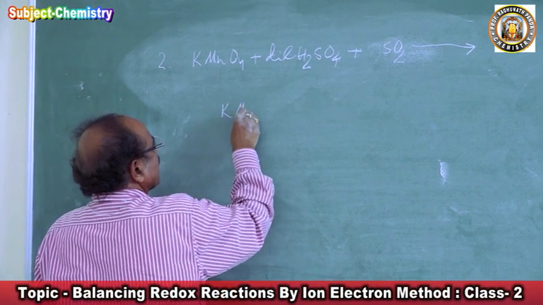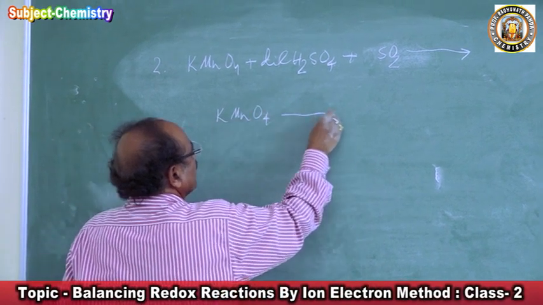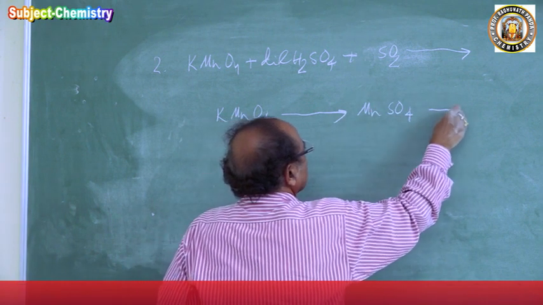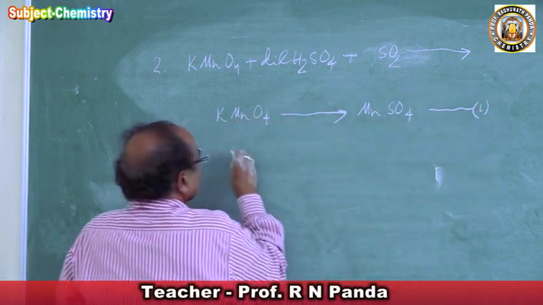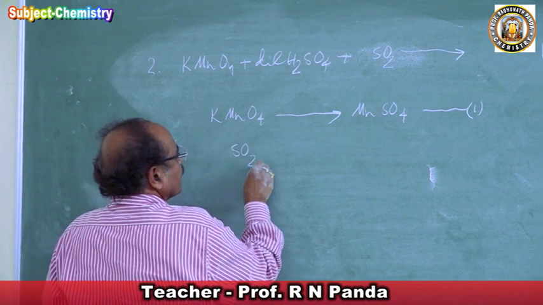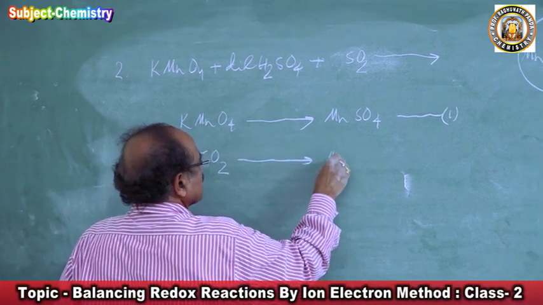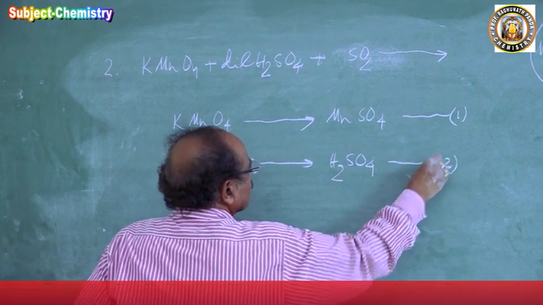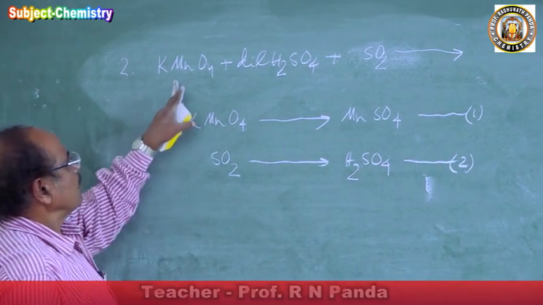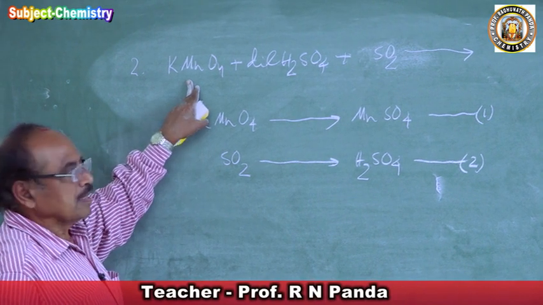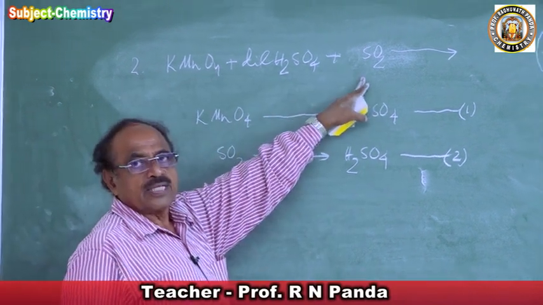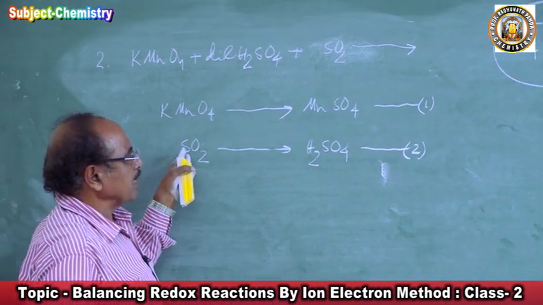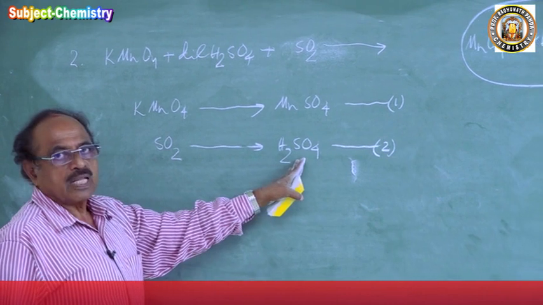Potassium permanganate is forming MnSO4 in this equation, and sulfur dioxide is forming sulfuric acid. This is the oxidized and reduced state of the substances. Potassium permanganate is the oxidizing agent, sulfur dioxide is the reducing agent, and the oxygen that comes from potassium permanganate reacts with sulfur dioxide to form sulfuric acid.